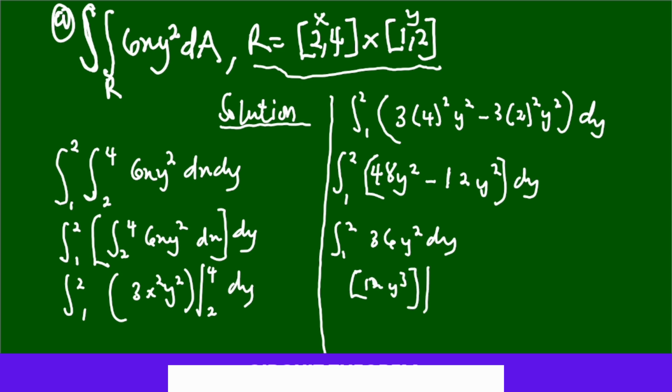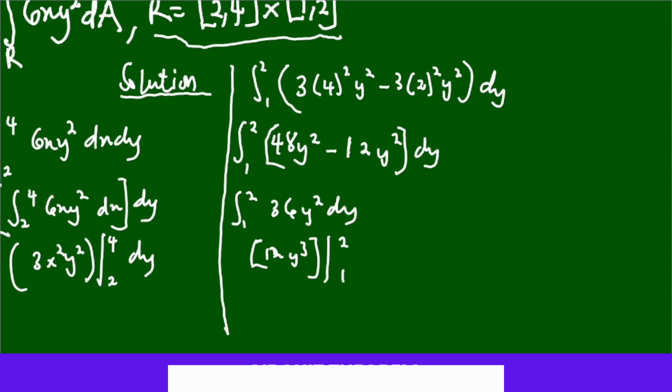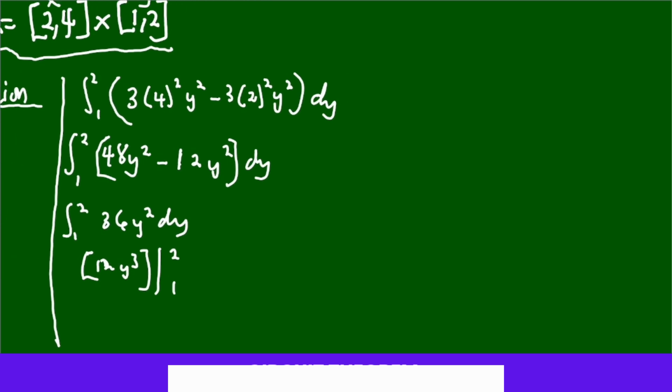And this, introducing our upper and lower limits, we have 12 into brackets 2 cubed minus 12 into 1 cubed.